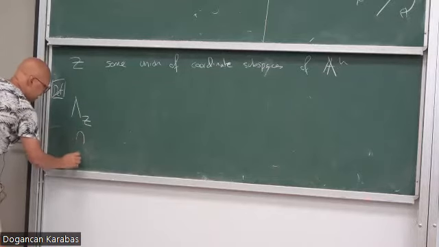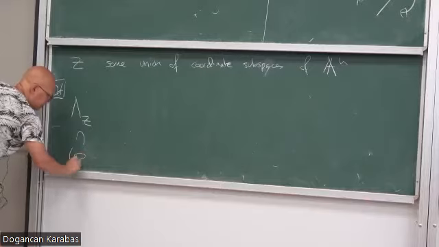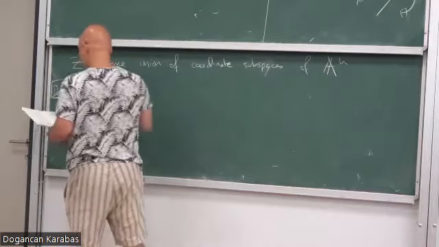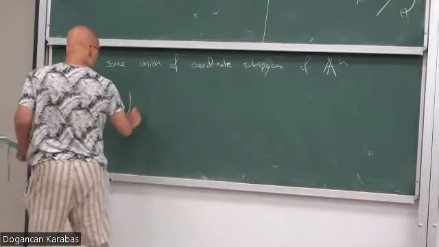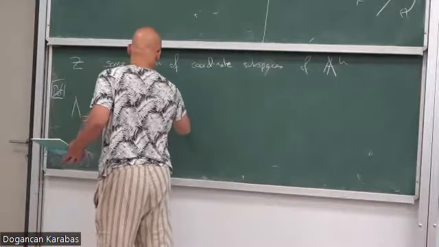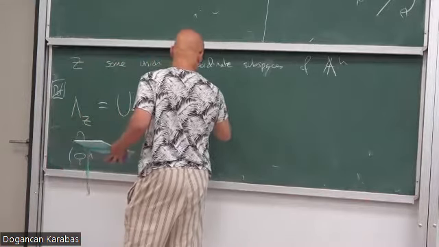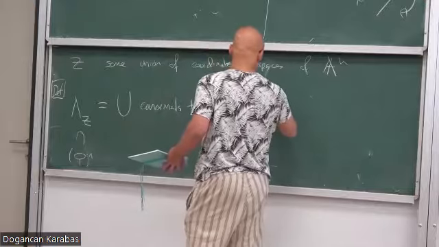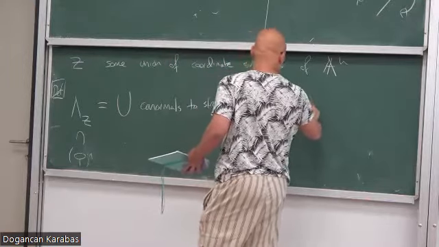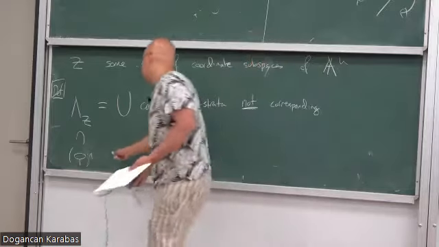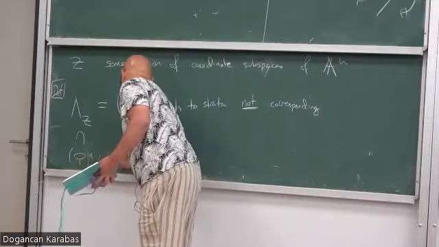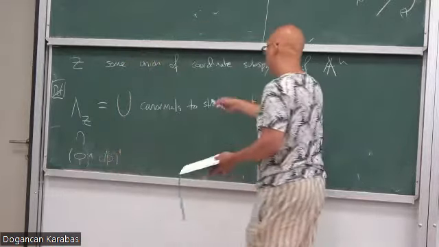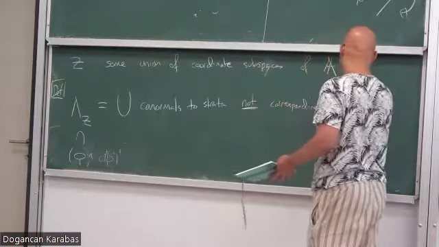Lambda Z is some subset of T star of S1 to the n, and it is the union of conormals to strata which are not corresponding to Z. So this thing, after all, sits inside S1 to the n, T star. Union of conormals of strata not corresponding to Z.